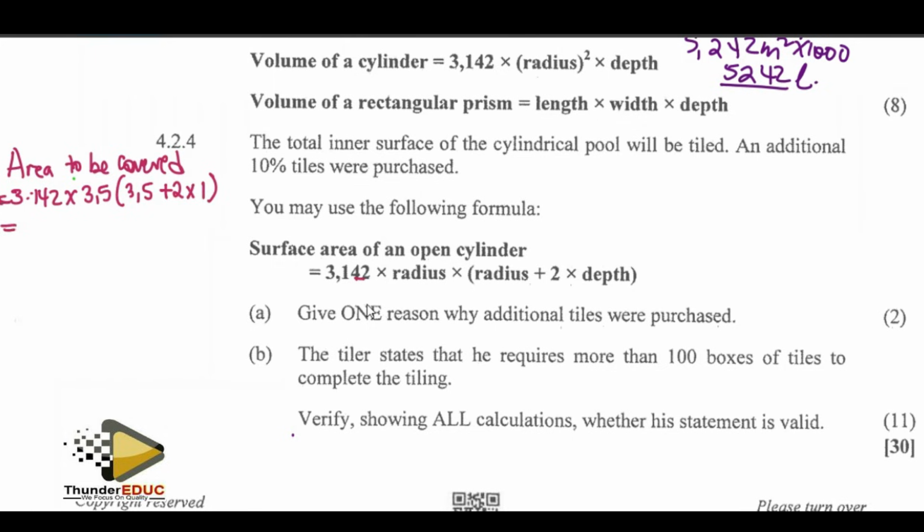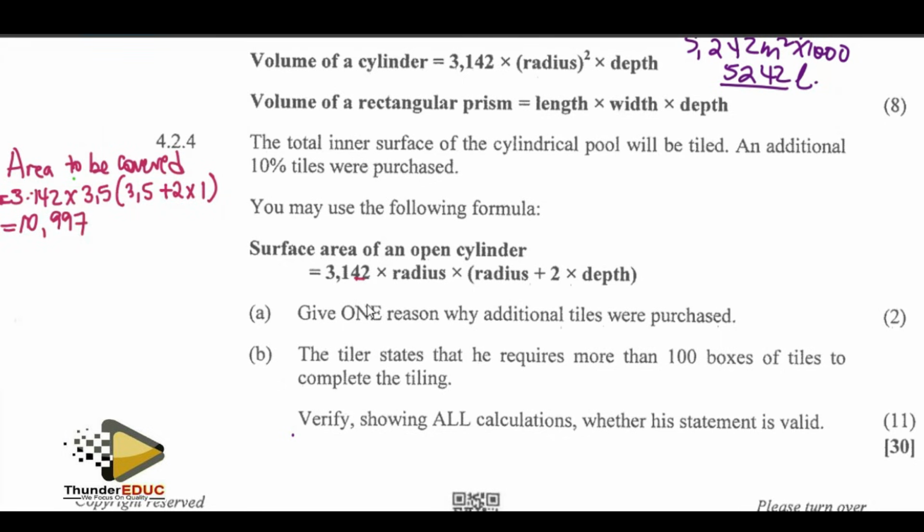So here we go on and we say we got this as 10,997.